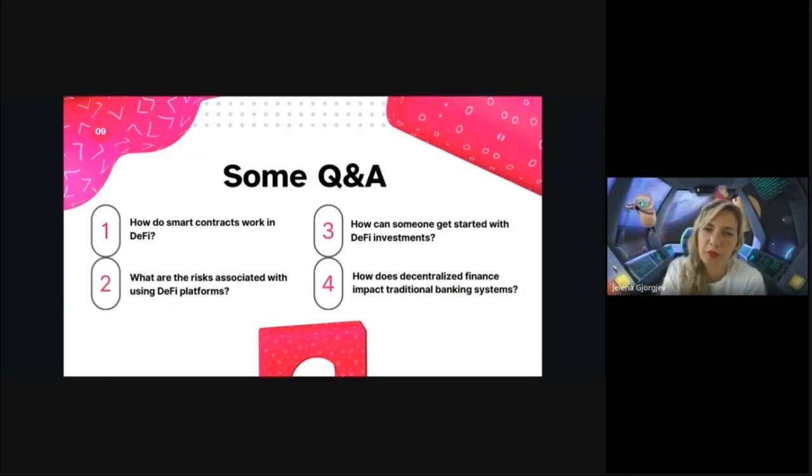So DeFi removes the need for intermediaries with smart contracts, which, as we said, automate and execute transactions directly between parties. So with this, we get reduced costs, increased transaction speeds, and enhanced financial inclusion by making services accessible to a broader audience, which is the second also very important difference, the financial inclusion.